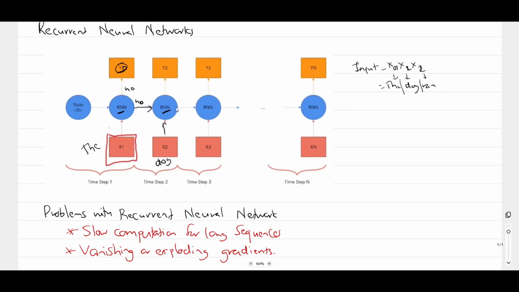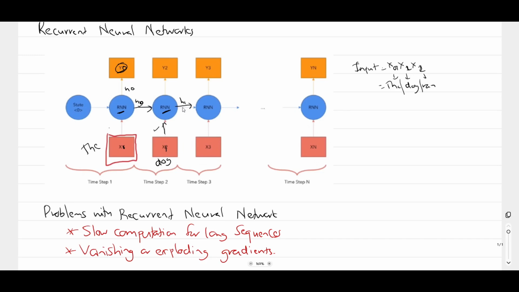Finally, processing at time t equals 1, which we refer to as contextual understanding. The hidden layer now processes both the current input x1 and the past context h0. This combined information creates a new updated hidden state h1, which is the network's summary of the sequence up to this point, basically the phrase "the dog."